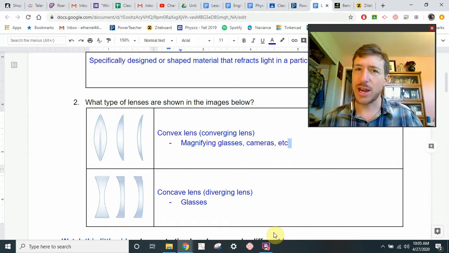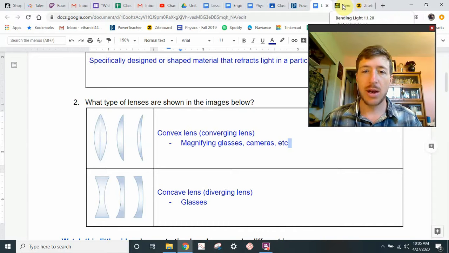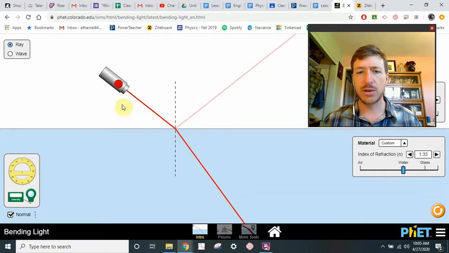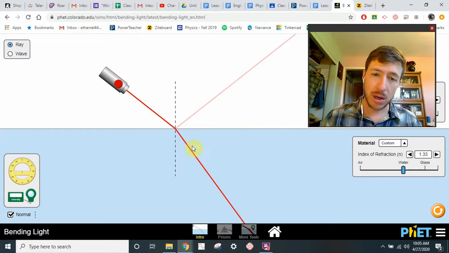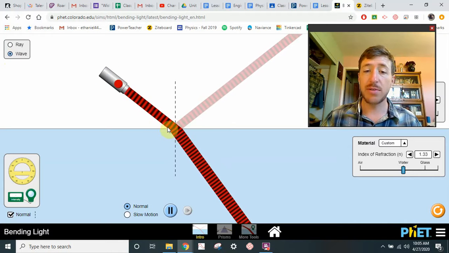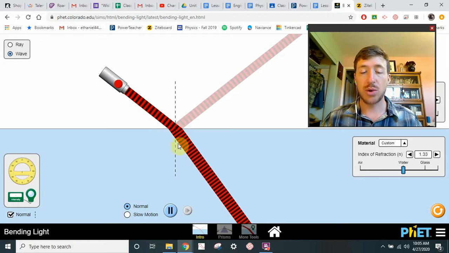So what's going on there? How do those actually end up working? Let's talk about it in terms of ray diagrams. If you remember, we talked about refraction the other day, depending on the two materials that light is going through. If it's going from a material where the light is moving faster, like air, to a material where it's moving slower, we can think of this as a series of waves, and if this side of the wave hits first, that means it slows down first, which means the entire thing will shift its direction towards this normal line.